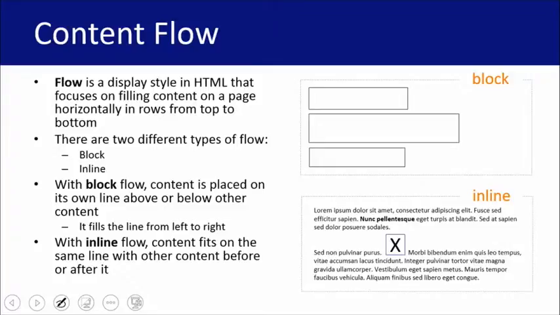And with inline flow, you've got different content that's going to fit in line with other content. So maybe you embed an image within a paragraph, and that is going to appear like this little guy right there in our inline flow example on the right.